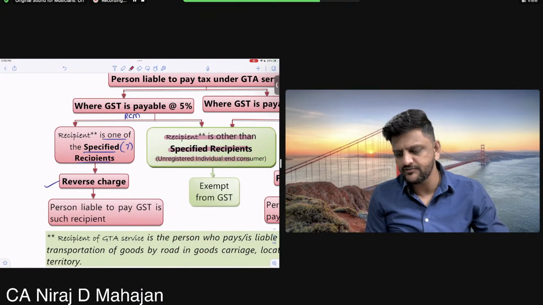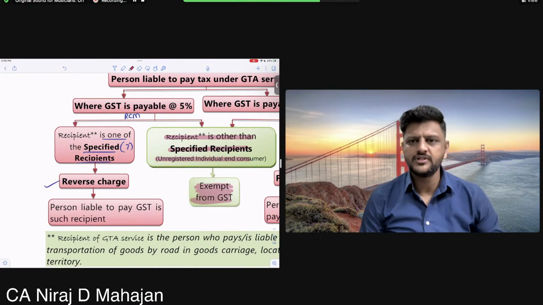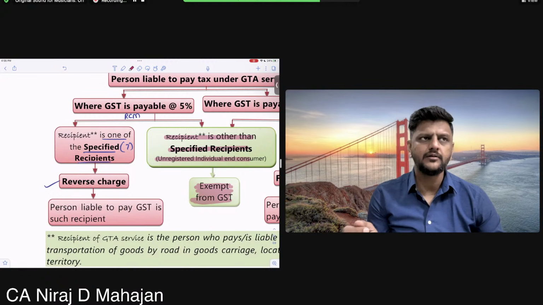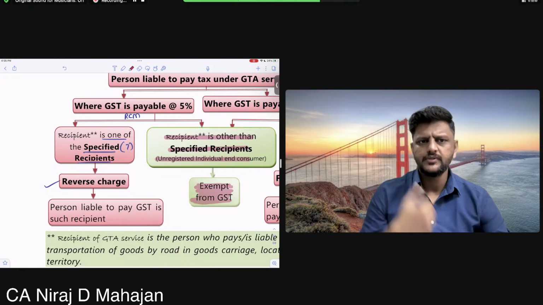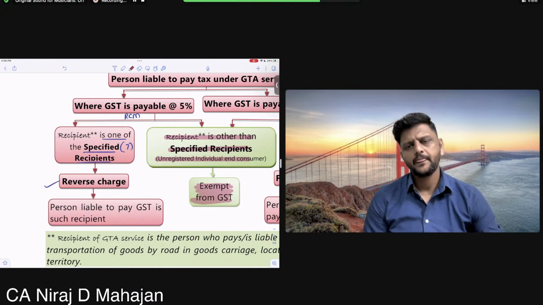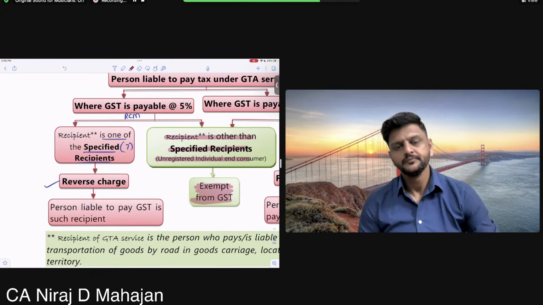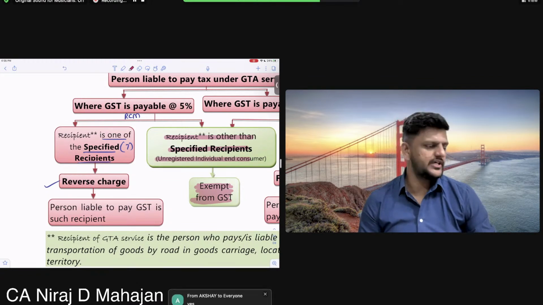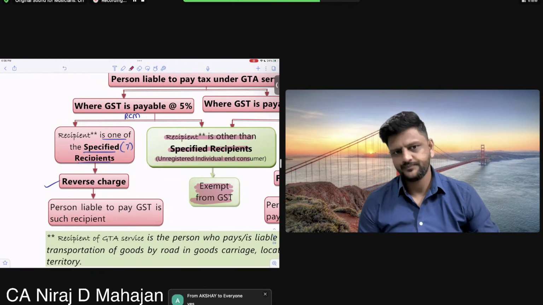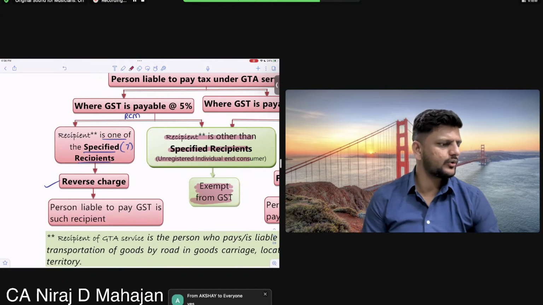They are saying it is exempt from GST. Good thing, na? When you are not providing services to business entity or to one of those 7 specified persons, no GST. Exempt from GST. We will not levy GST on the transaction. Is it okay, everybody?